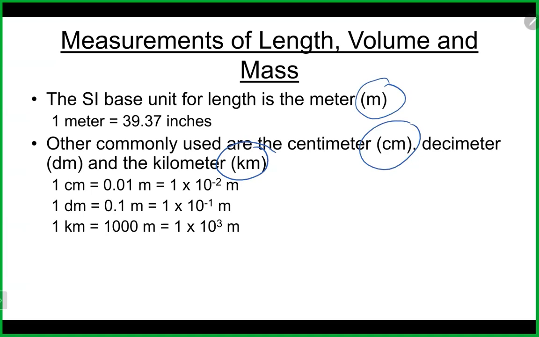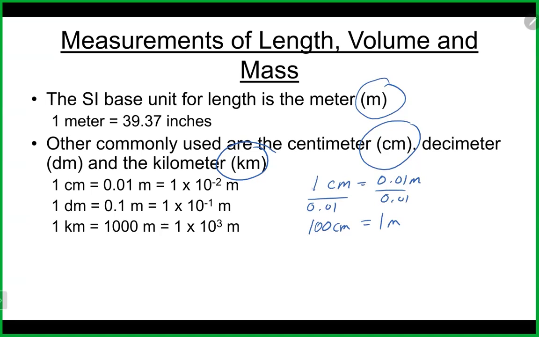1 centimeter is 0.01 meters. Or, just so you're familiar, if you divide both sides by 0.01, 1 meter is 100 centimeters. So that's another way of looking at that. I would say definitely you should know that conversion.